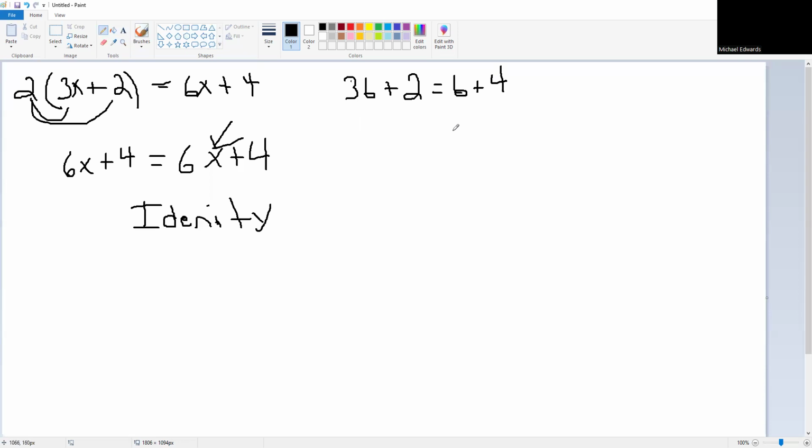We know how to solve this, right? We just want to get B on one side and the number on the other side. Seems like it should solve this. And since these are not exactly the same, it's not an identity.